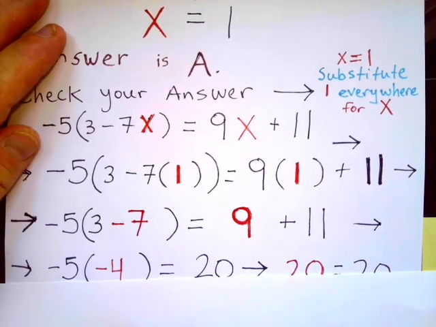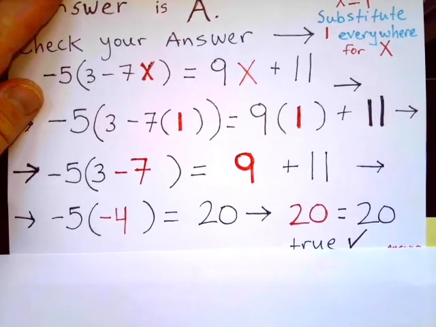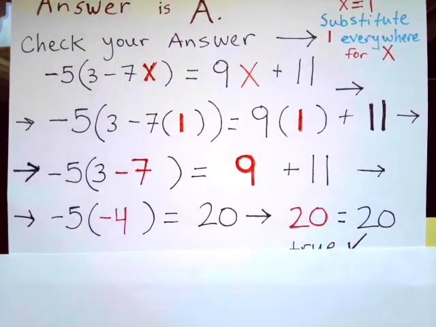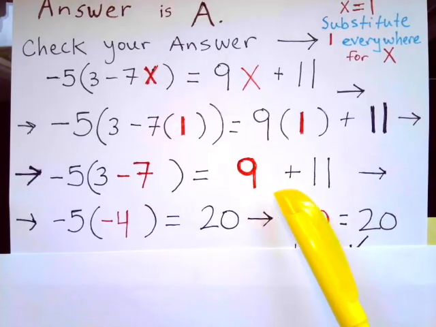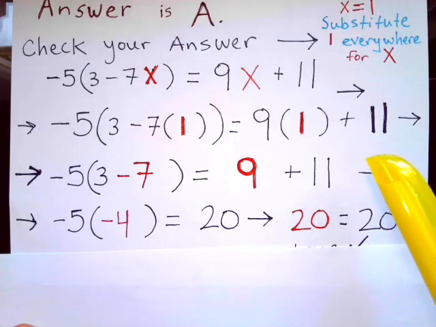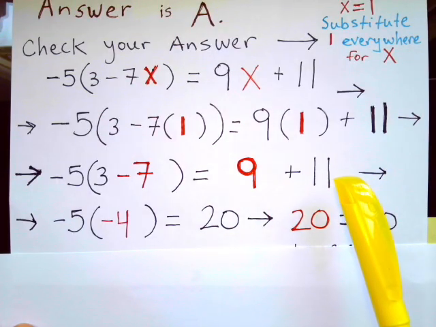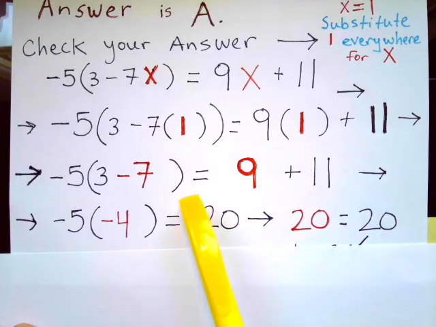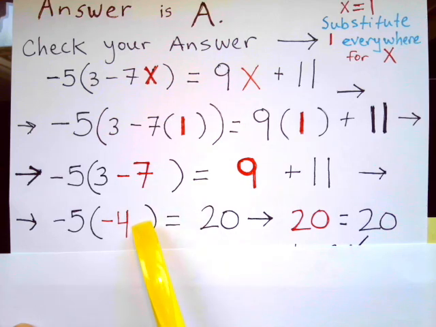I'm showing you that here. And now during this step, I probably should have multiplied that 9 times 1, which is 9. And I have the plus 11. And so what is 9 plus 11? 9 plus 11 is 20.